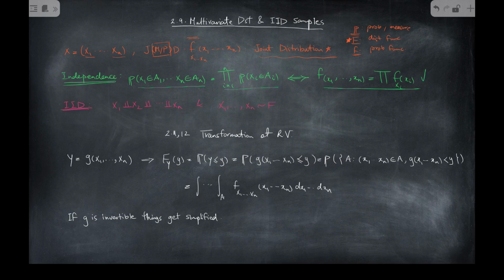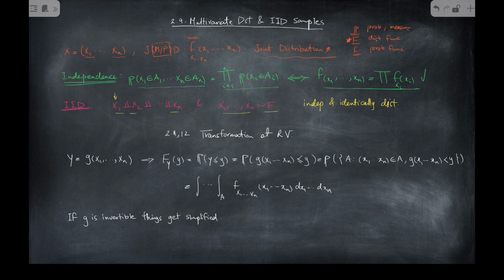Finally, we say that random variables x1 through xn are IID, or independent and identically distributed, when they are independent, and then they have the same distribution. Okay, and usually it's the case that we have some underlying process. For example, we have the coin flip experiment, and we repeat it n times.